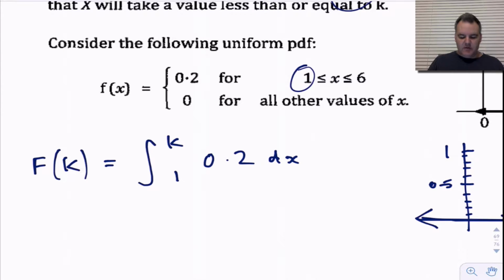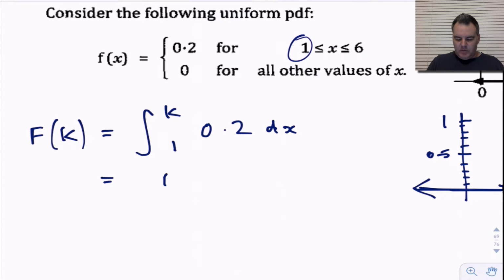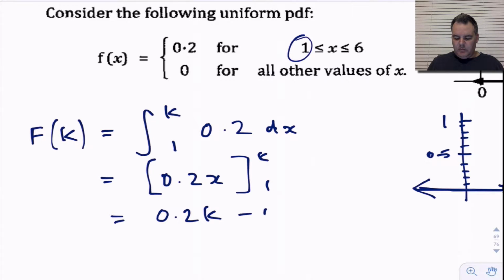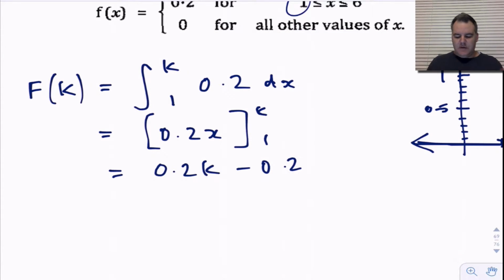So that is the cumulative distribution from k downwards, where k is an x value. So if we do that integration, we get 0.2x between k and 1. So 0.2k minus 0.2 times 1, 0.2. So there we go. Our cumulative distribution function will actually look like this.